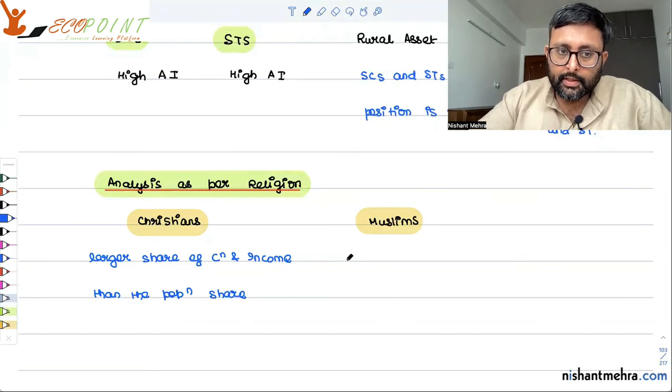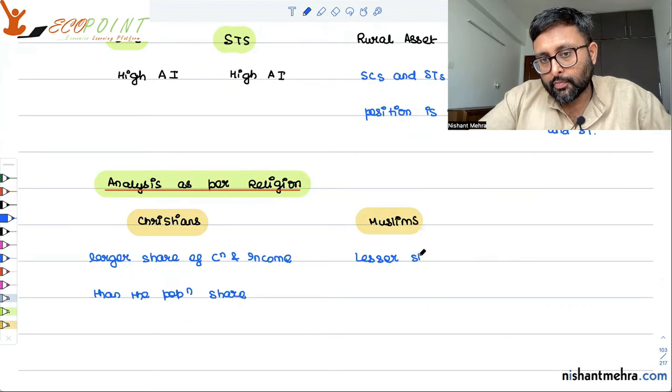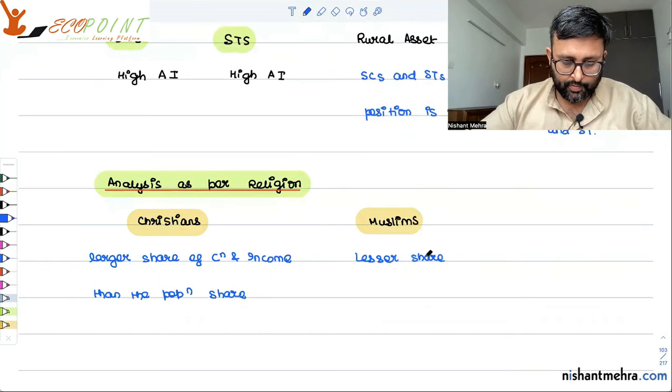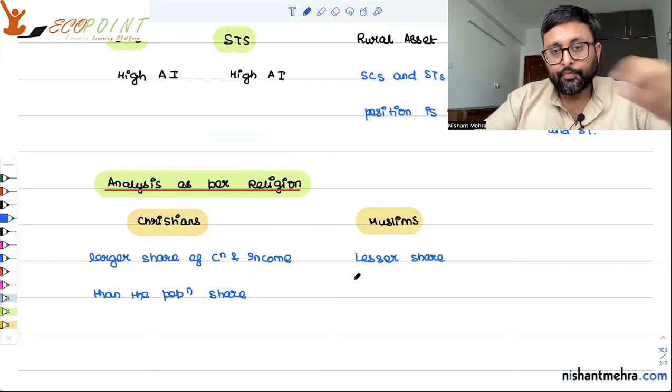For Muslims, they have the lesser share. So they are in a disadvantaged position.